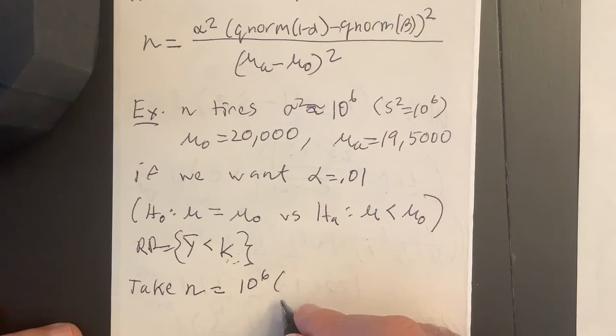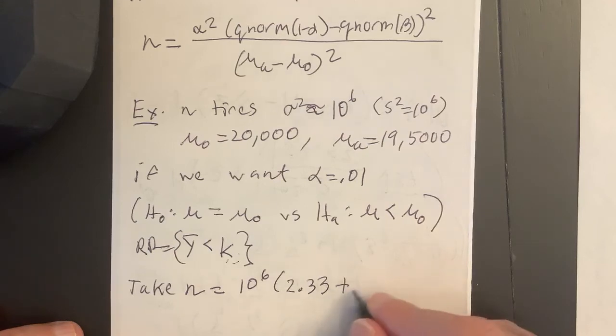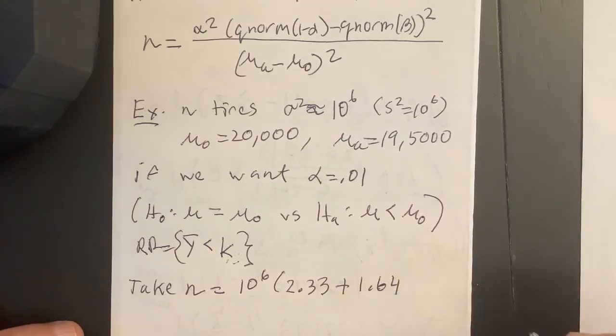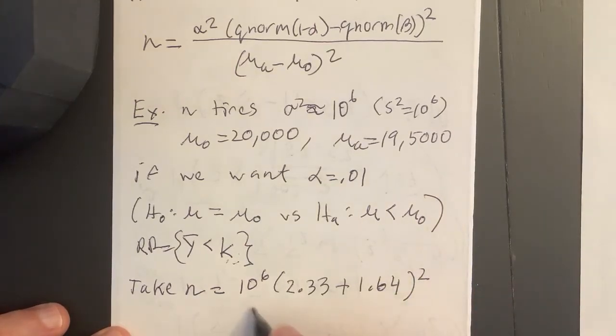It's 2.33, minus Q norm 0.05, which is going to be negative 1.645 or something like that, 1.645 squared, over mu 0 minus mu A squared.